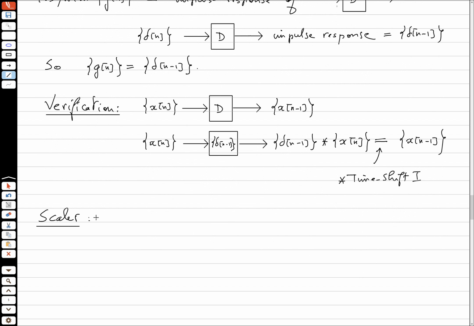I prefer to call it scalar. It's a system that is going to be represented like that, and we put a box.